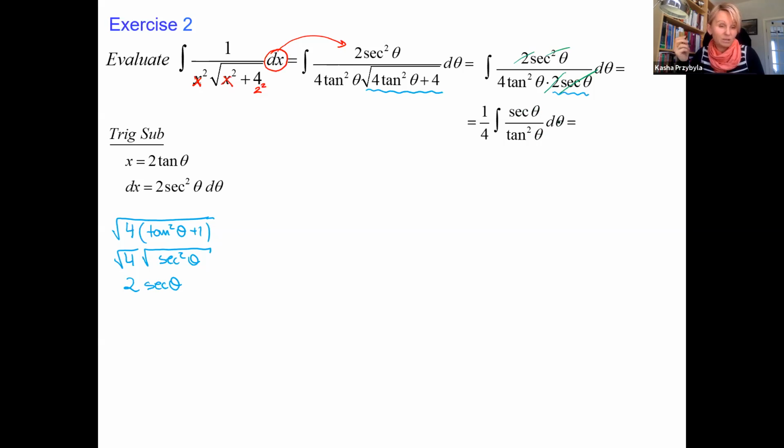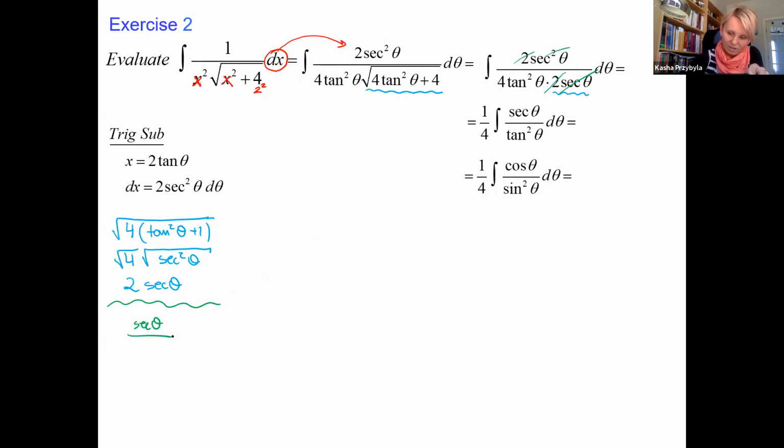I don't know if we see it right away, probably not, so let's rewrite in terms of sine and cosine. If you can see some formulas, you can use them, but I think it will be easier this way. We have secant theta over tangent squared theta.